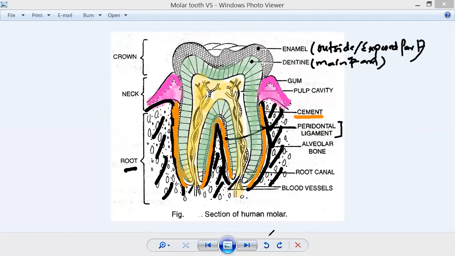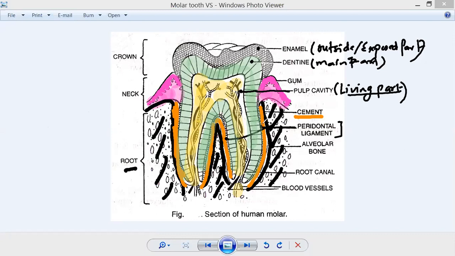So dentine you will find throughout, but enamel only superficially. Understood? Then the thing inside is called your pulp cavity, the living part of the teeth. If your pulp cavity is okay, then your tooth is living. If the pulp cavity is dead, your tooth is said to be dead.